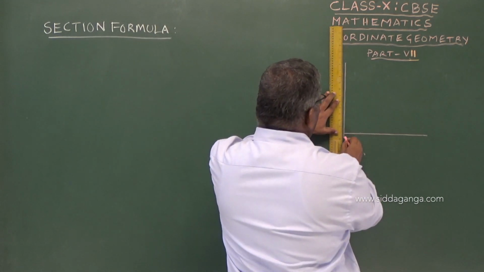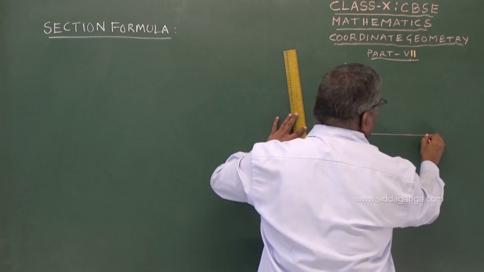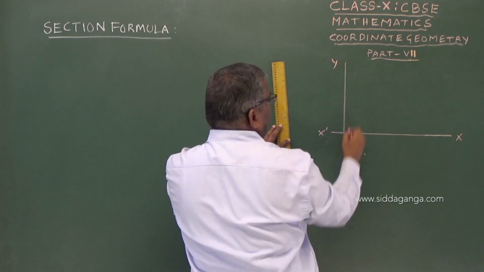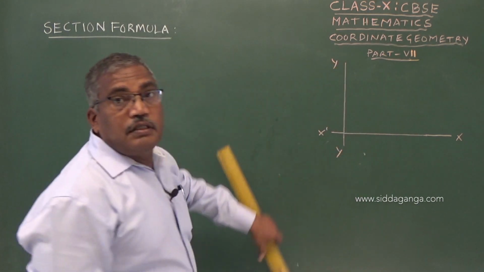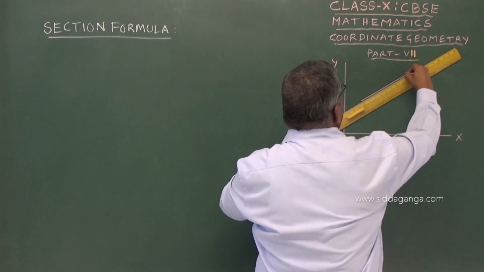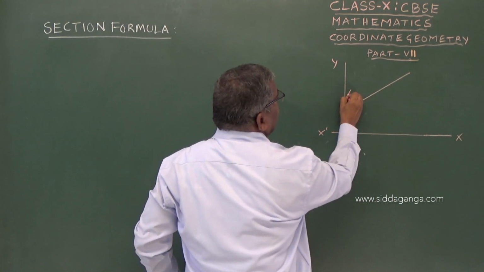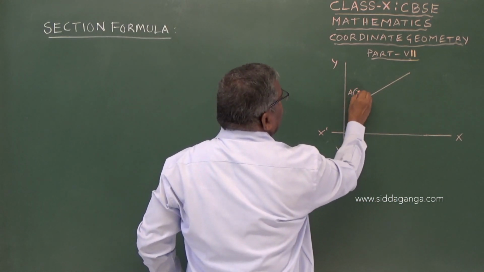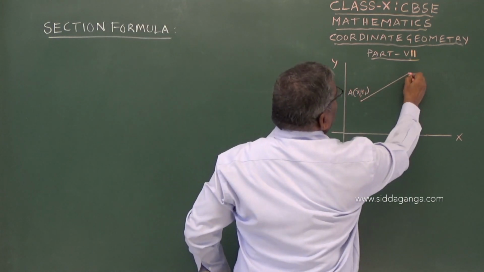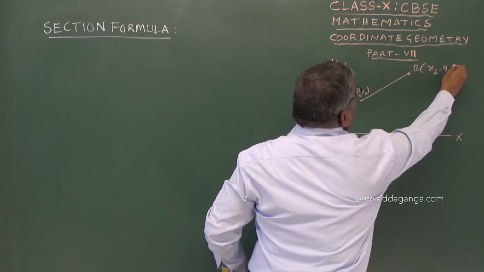These are the x, x dash, y, y dash coordinate axes. Suppose we have a line AB like this. This is say point A with coordinates x1, y1, and point B be x2, y2.